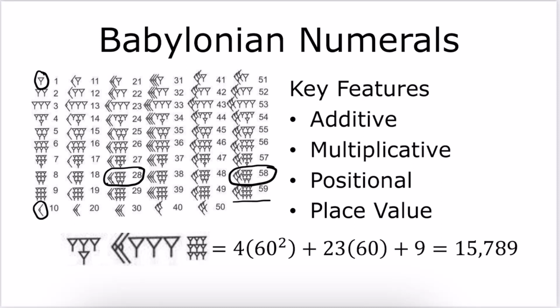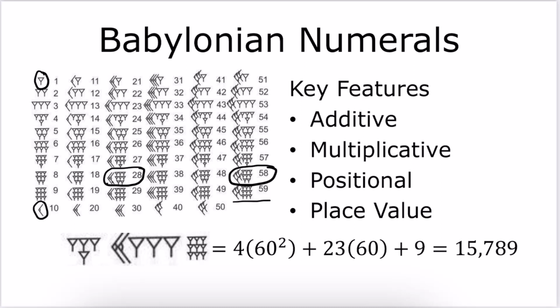So kind of like in our number system, how when we count up to 10, we start over and we write it as 1 0. We don't have a unique symbol for 10. We have a unique symbol for 1 and 2 and 3 and 4 and 5 all the way up to 9. But once we get to 10, we reuse the symbol 1, but we put it in a new place value. So Babylonian numerals were a system that used place values.